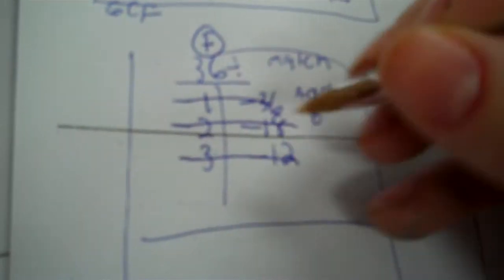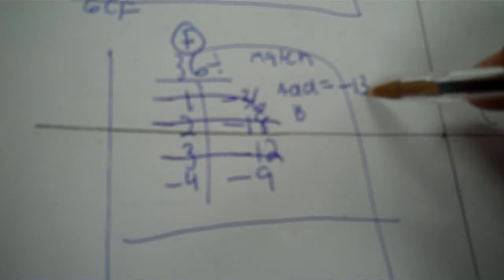You're still wide of the mark. 36 divided by 3 is 12. That adds to negative 15. You're still a little bit too wide. 36 divided by 4 equals 9. So I put 4 and 9. Oh, add those, you're at negative 13. Bingo. Okay.